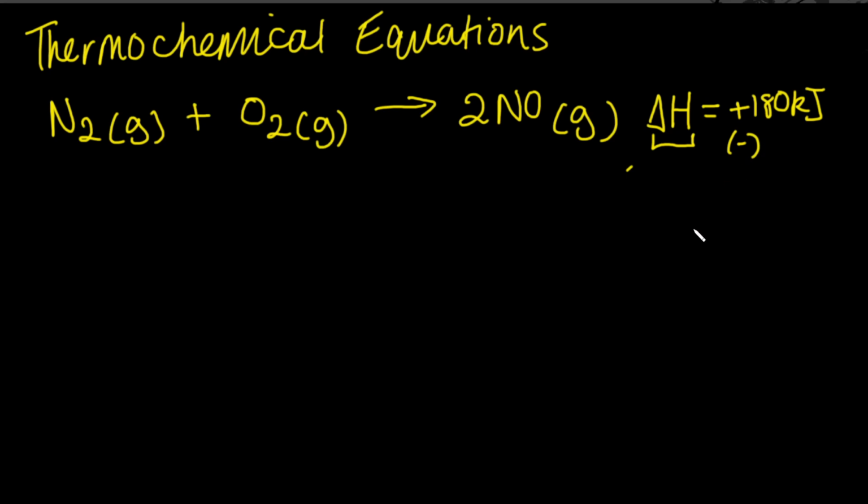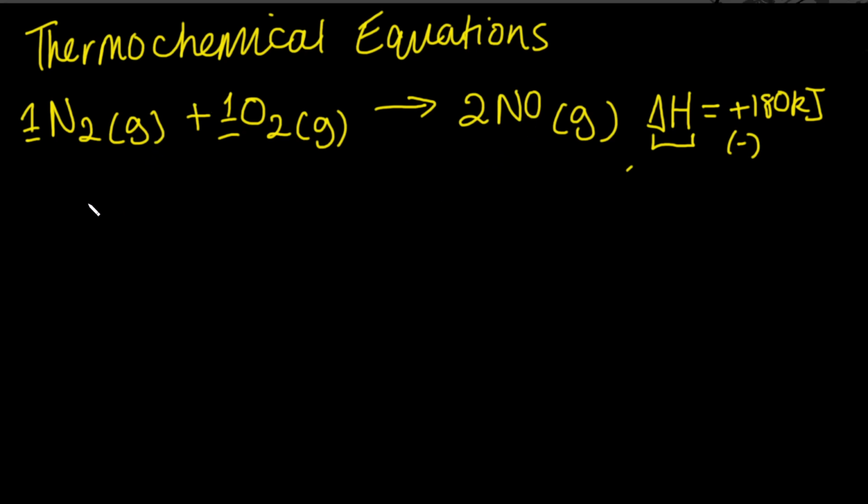If this was an exothermic reaction, this would be a negative, and then we could understand that it's going to release energy. Another thing that's important about these thermochemical reactions is the coefficients in front of all these reactants. So here we have an implicit 1 present. So one nitrogen gas molecule and one oxygen gas molecule both react in a 1-to-1 ratio to produce two nitrous oxide molecules.